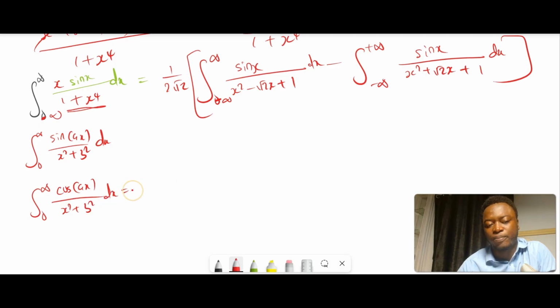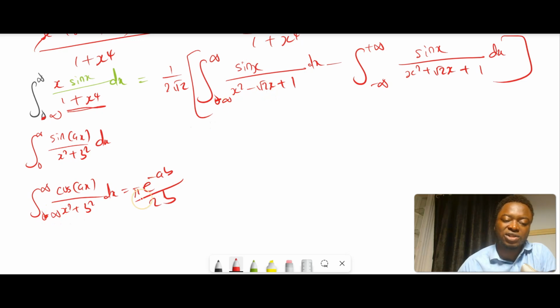And we know this is pi e to the negative ab divided by 2b. So now we have a quadratic term, and even if we have a negative infinity, it doesn't matter. This is basically just going to be, I think this 2 is going to go out.